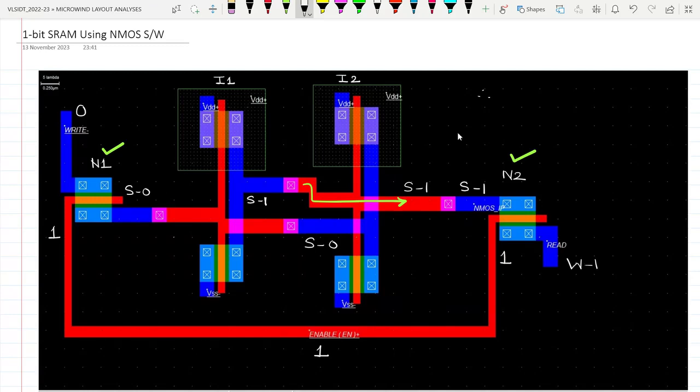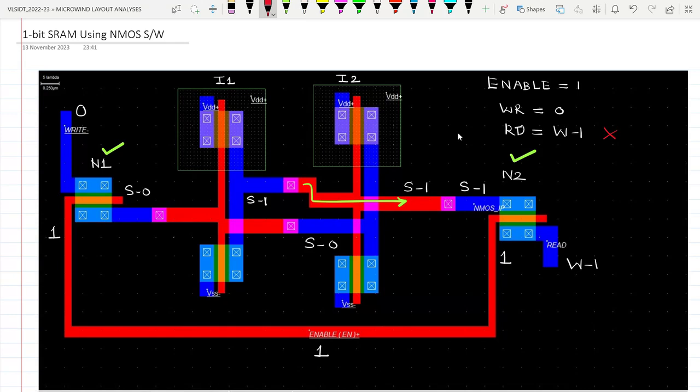Therefore, for enable equal to 1, write equal to 0, we get read equal to weak 1, which is not acceptable.